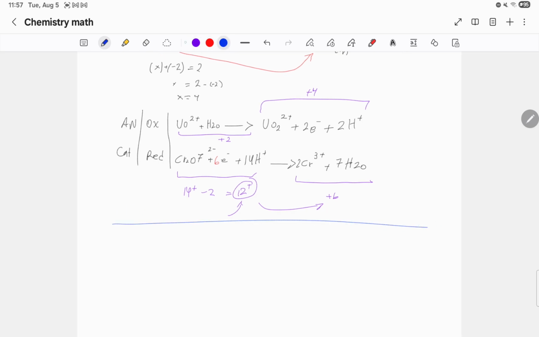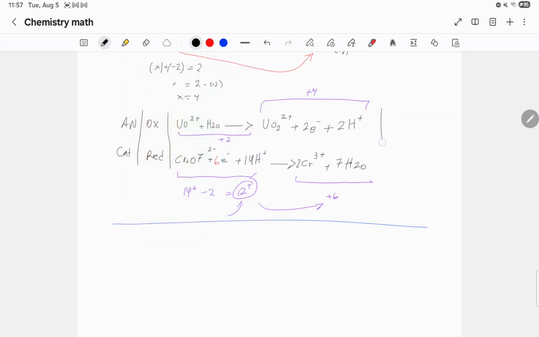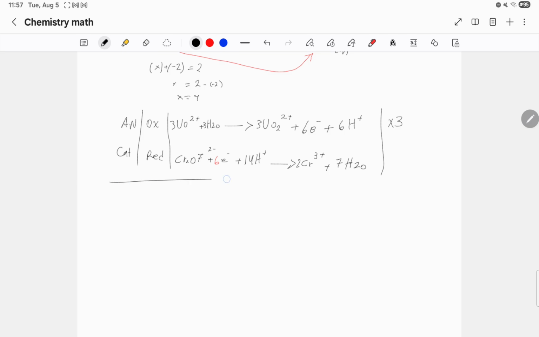So let's switch to black here, and we can get rid of these now. Multiply this side by 3. So this becomes 3 of this, 3 of this, 3 of this, 6 of this, and 6 of this. We will add these 2 reactions together now.